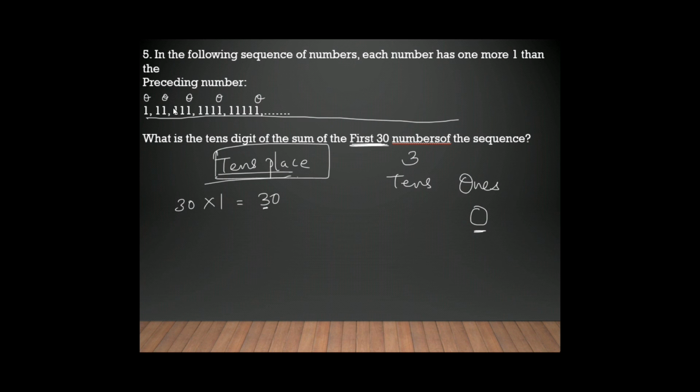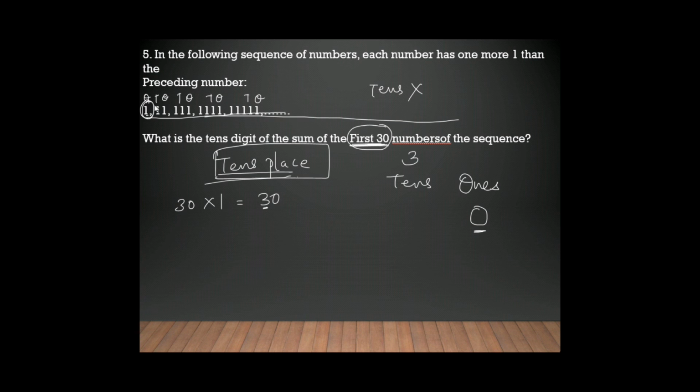Now, if you observe this question, the first number is only a 1. That means it doesn't have a tens place digit. But the remaining 29 numbers, because we are talking about the first 30 numbers, the first number itself is not having a tens place digit, but after that you have the tens place.